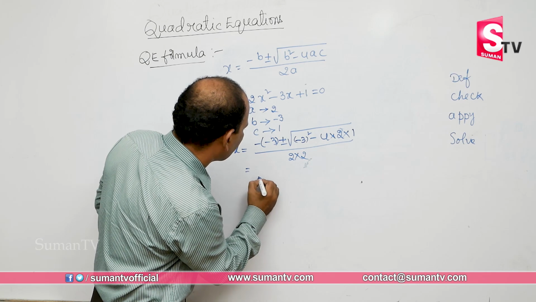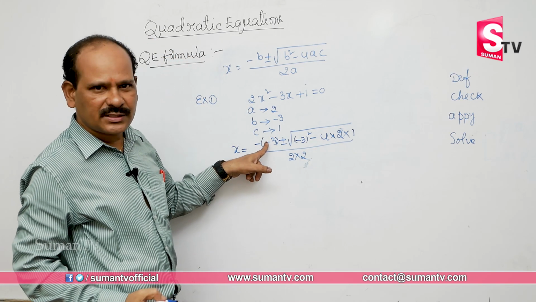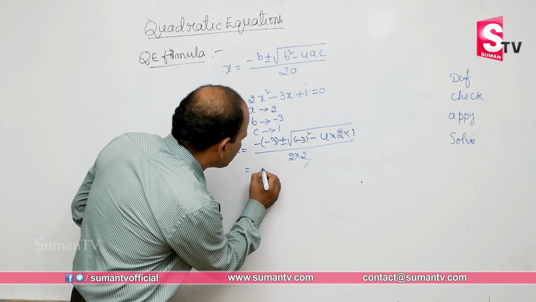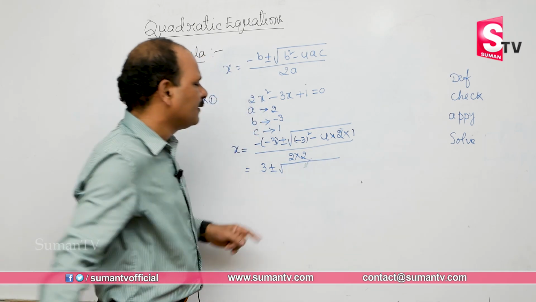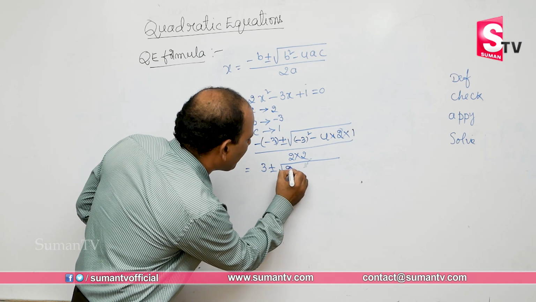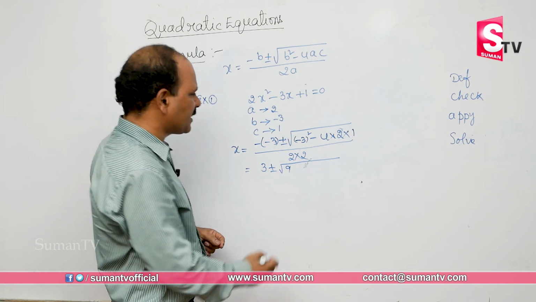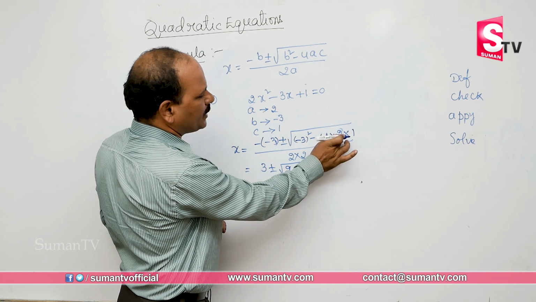Again simplify this. Minus into minus will become plus, so it is plus 3 plus or minus root b square. Minus 3 into minus 3 is plus 9. 4ac: 4 into 2 is 8, 8 into 1 is 8.